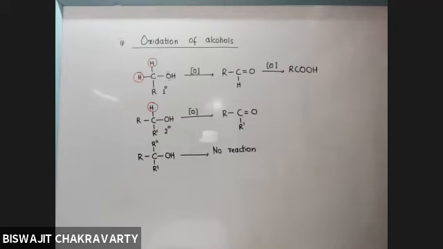Again, I am repeating, if you take a strong oxidizing agent like acidified potassium dichromate, तो 1-degree alcohol पहले aldehyde form करता है, but within a fraction of second ये जो aldehyde है वो automatically oxidize होता है carboxylic acid.